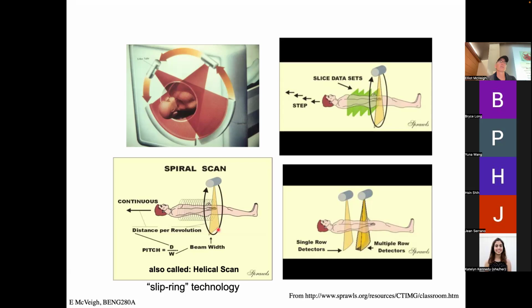So what Siemens came up with is slip ring technology, where all of the electronic connections between the detectors that are rotating here and the computer in the control room were connected by a set of brushes and essentially copper circles. Those brushes just went around as the gantry went around, right?